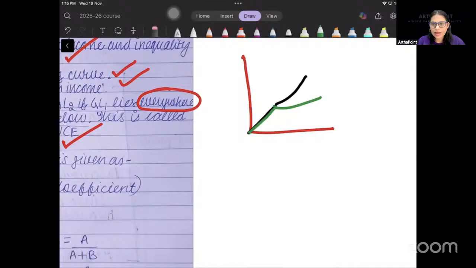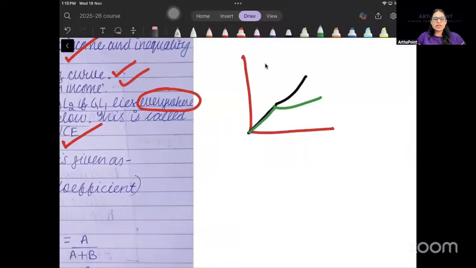Are you understanding it? So it does not mean it has to lie everywhere above. It can happen that for some portion, there can also be a coincidence. They can coincide with each other. That is also a possibility.